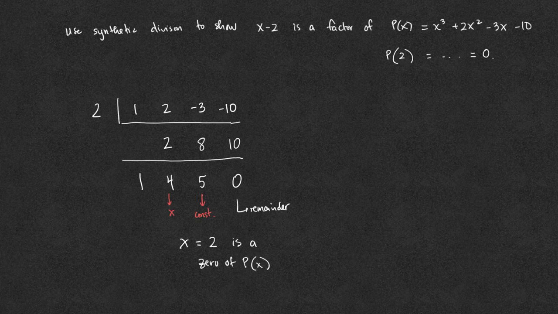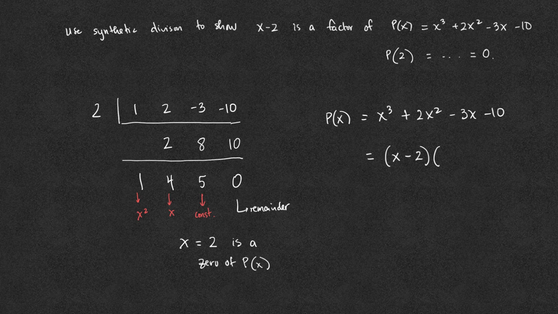That is how many x, and on the left-hand side of it is how many x squared. Thus, p of x, x cubed plus 2x squared minus 3x minus 10, can be rewritten with x minus k as a factor because the remainder is 0.